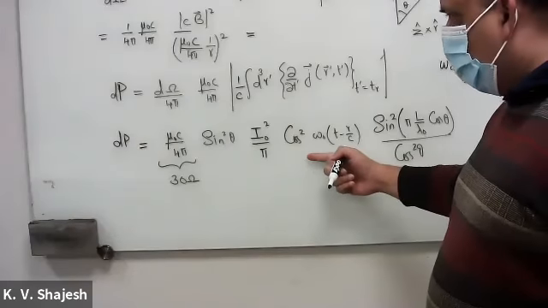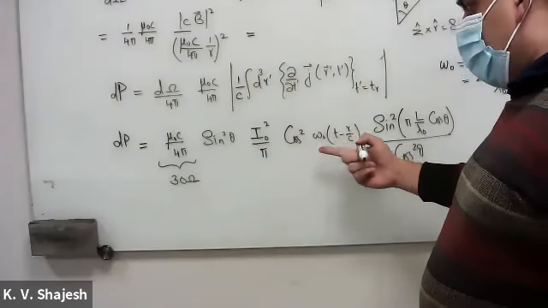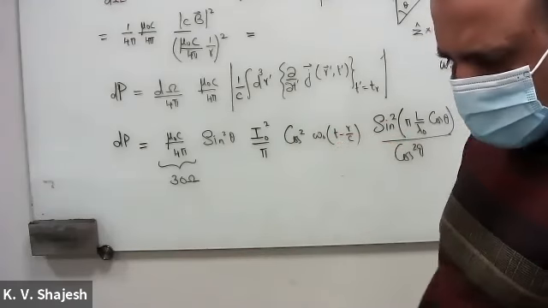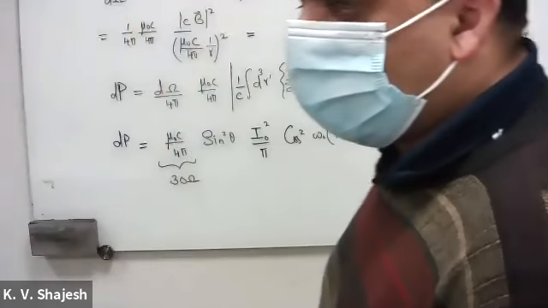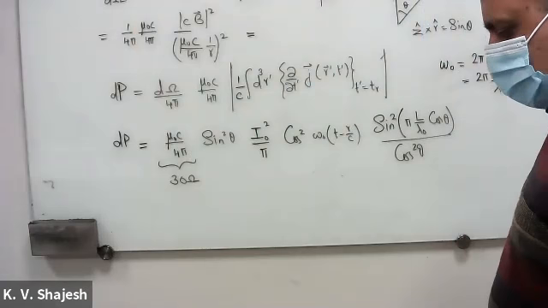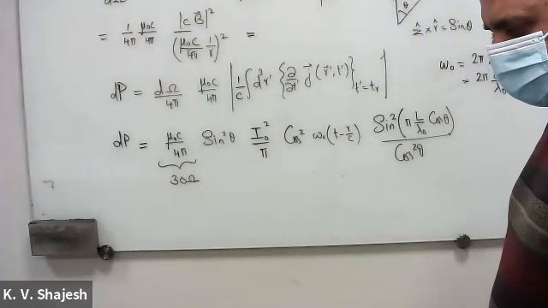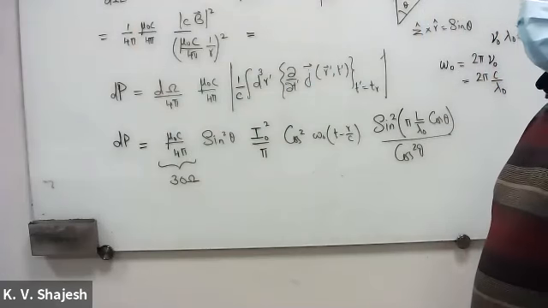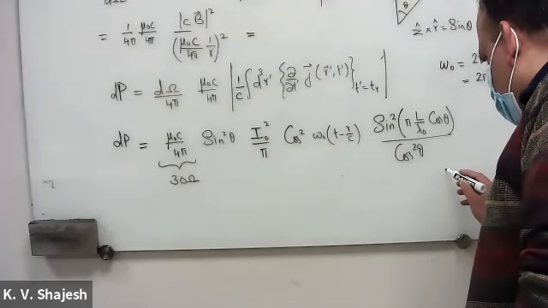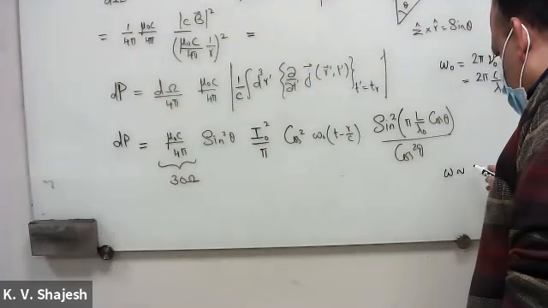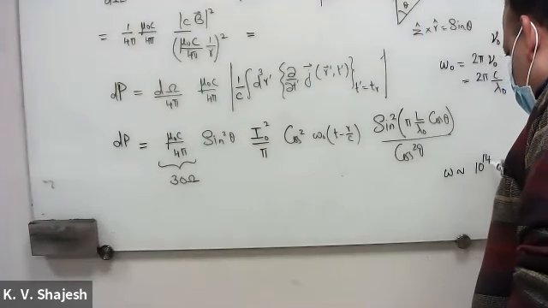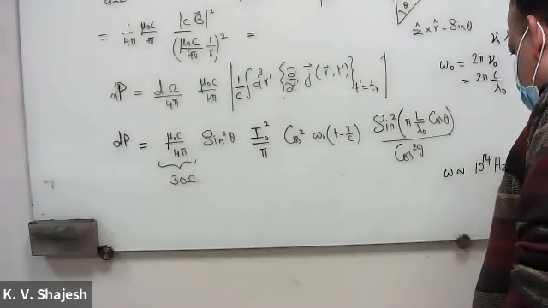So let's average over time. And why do we say it's okay? Because usually the frequency with which electromagnetic waves oscillate, especially in the visible region, is extremely high. The frequency with which visible light oscillates is about 10 raised to 14 hertz.